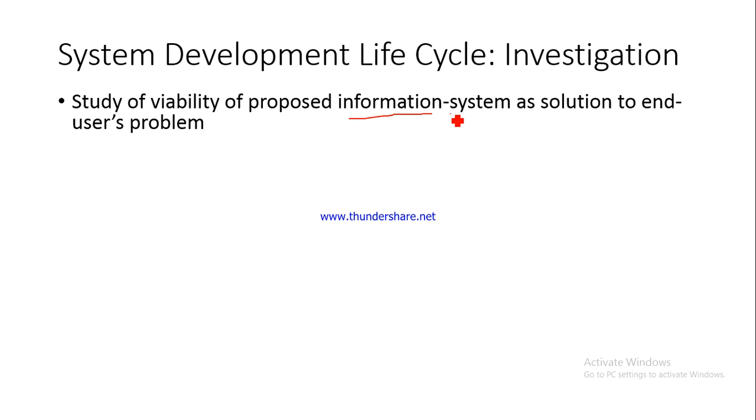And you understand that whenever information systems are being implemented in a particular organization, these information systems are basically meant to provide some solution to some problem that the organization is facing, right? I hope you understand why I'm also referring to client organization.